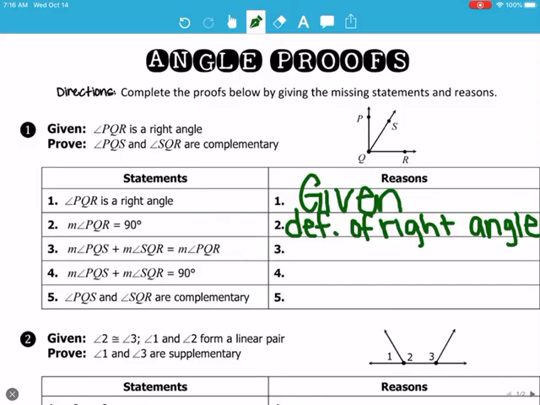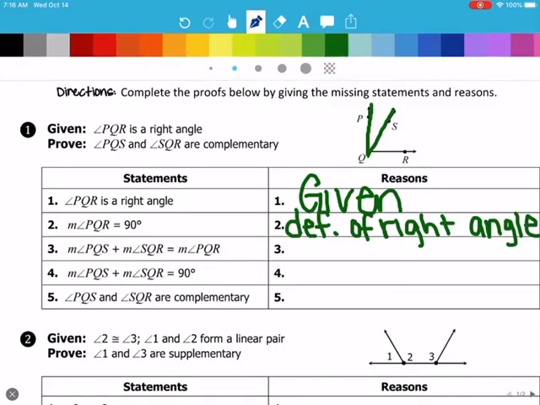Okay, next thing they're saying is angle PQS, so I'll trace it out, PQS plus angle SQR makes PQR. So remember, this is a small plus a small equals a big, so that would be, in this case, angle addition postulate.